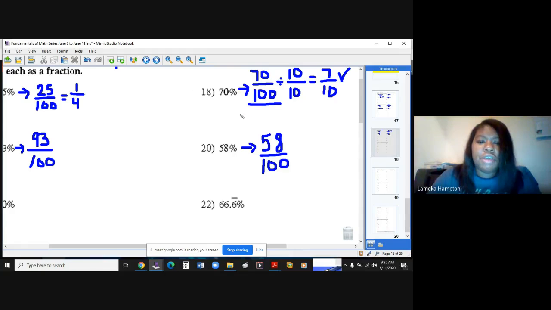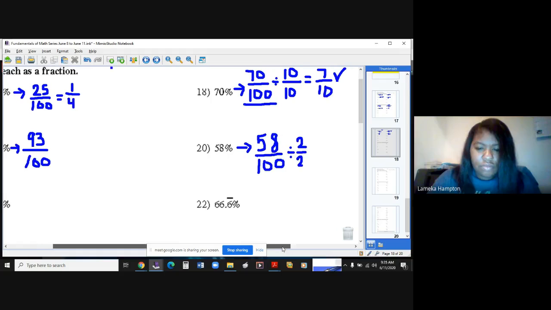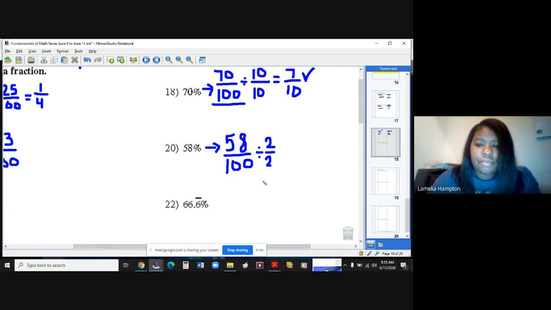And again, because I know that 58 and 100 are even numbers, I'm going to go ahead and divide by 2. And when I do this, I come up with 29 over 50. So this would be my final answer, 29 over 50.